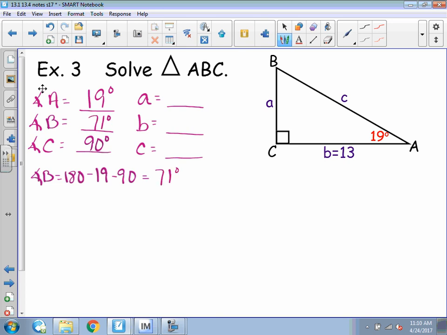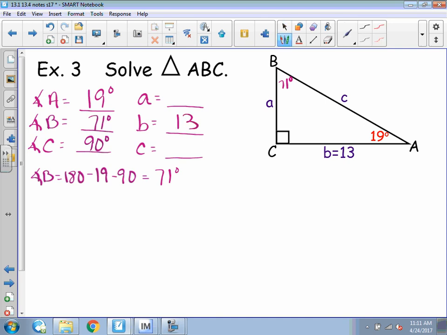Okay? Finding the missing angles is easy. That doesn't have anything to do with trig, if you have 2 out of the 3. Okay? Now, we don't know what side A is, but they gave us side B is 13. So I'm going to fill that in.